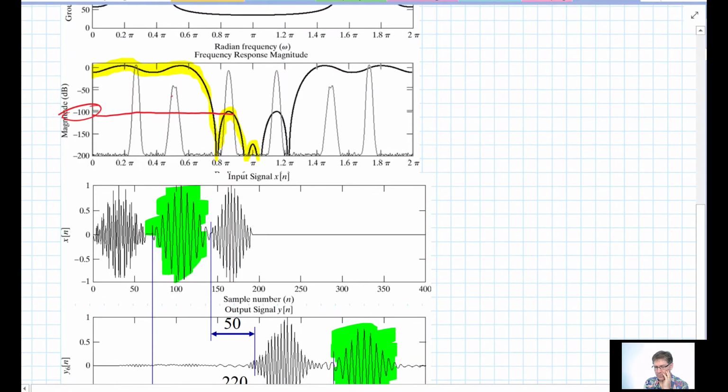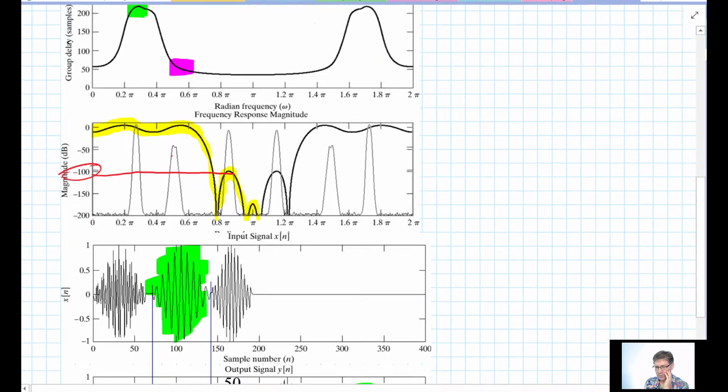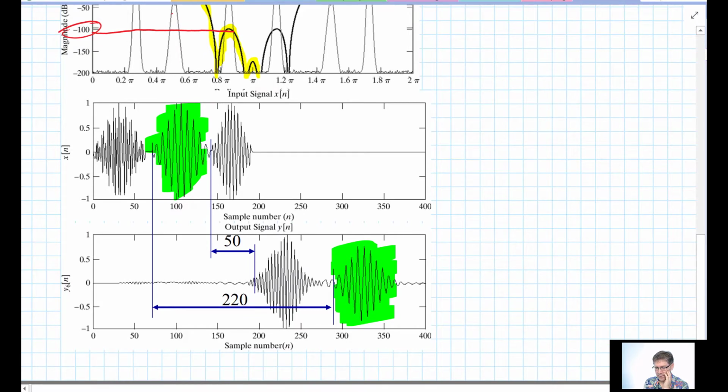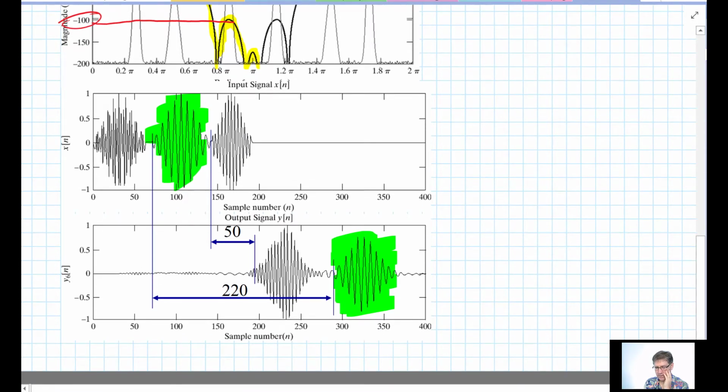And the mid-frequency signal also experienced some group delay, but not nearly as much. Its group delay was right about here, and so it experienced about a 50 sample delay. Finally, the high-frequency signal got knocked down by 100 dB or so, and so it's showing up over here. Not much left of that signal.